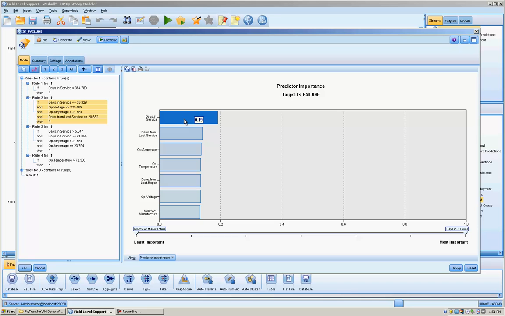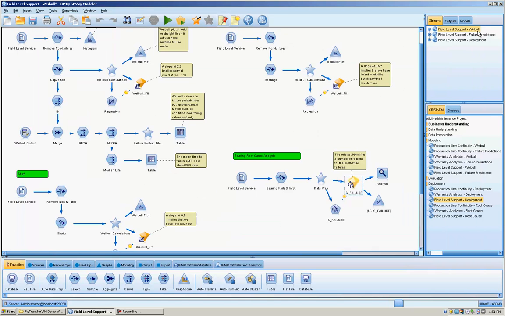The bar chart here shows us the failures and the variables that are important in what drove those failures. So the most important variable in terms of driving this infant mortality would be days in service, the days from last service, the operating amperage, and the operating temperature. So the beauty of this approach is that the process of performing root cause analysis is fully automated.